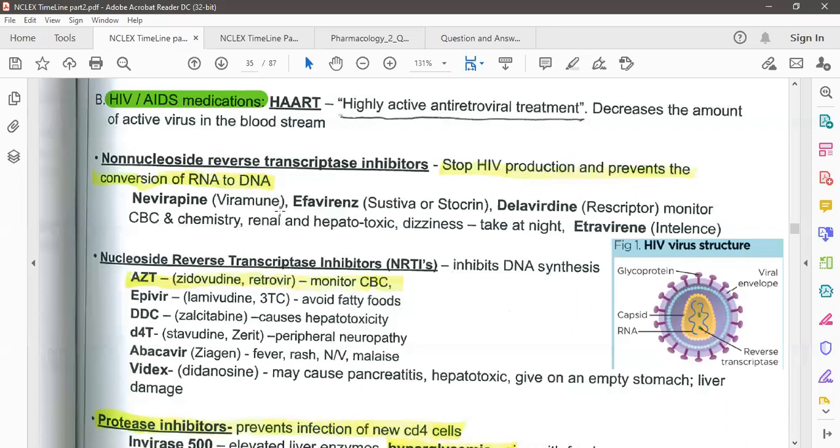We should check the renal function test, serum creatinine and BUN level, or hepatic enzymes, because they can cause renal toxicity or hepatic toxicity. Most of the drugs can cause dizziness, so it is good to take at night. Nucleoside reverse transcriptase inhibitor.